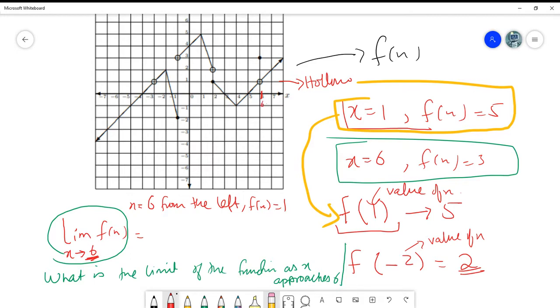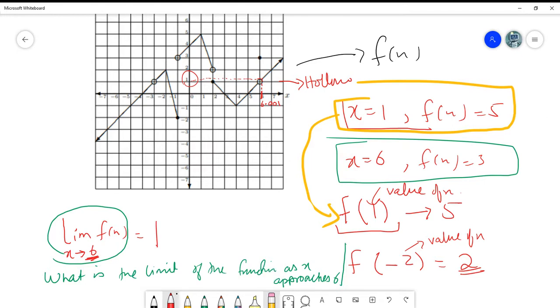So let's suppose I look at 6.001 on the x-axis and find its corresponding y value. As you can see, the corresponding value is very close to 1. So when I look at x equals 6 from the right, then f of x again is 1. So the limit of the function as x approaches 6 is 1 and not 3.